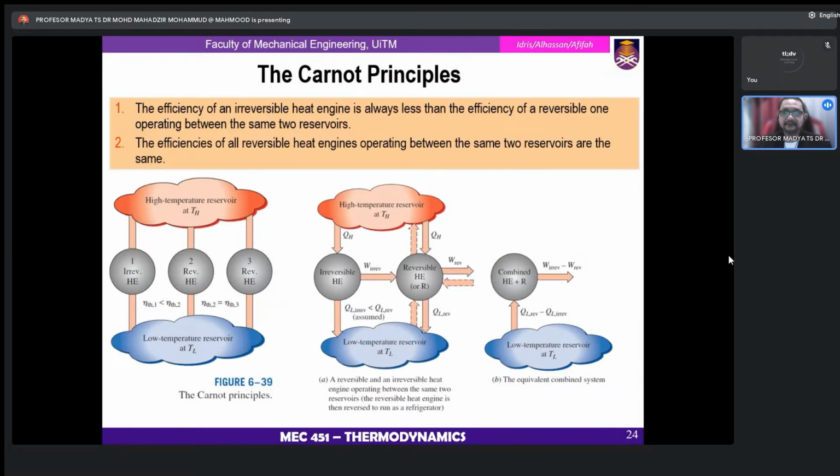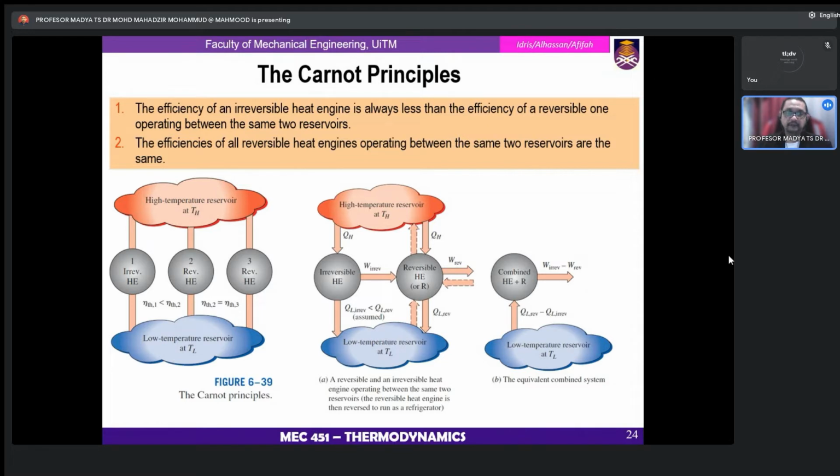Let's learn more about the principles of the Carnot cycle. There are two principles that you have to know. One, the efficiency of an irreversible heat engine is always less than the efficiency of a reversible one operating between the same two reservoirs.